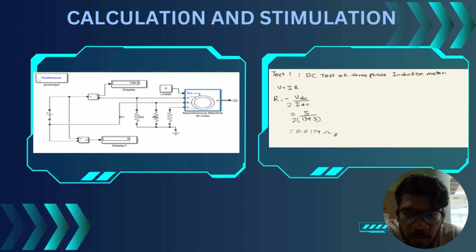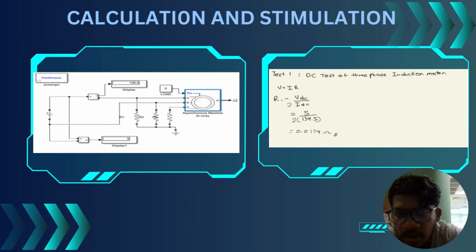Okay, now I'm going to explain the calculation and simulation part for test one. First, I explain the simulation part. In the simulation part, this is the circuit that I constructed in the MATLAB software. There is an input voltage of 5 volts, and asynchronous machine number 7 with no load. The constant is equal to 0, so without any load.